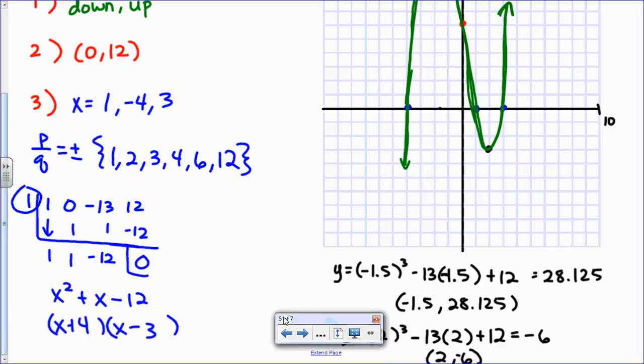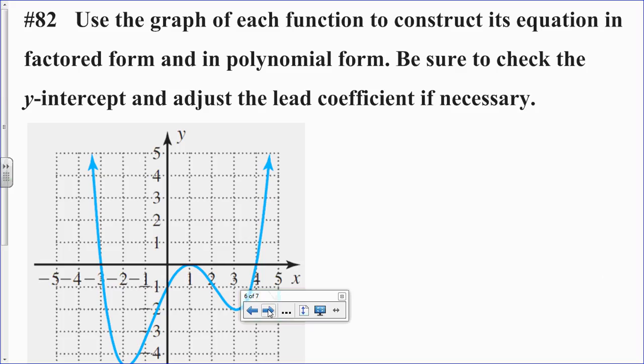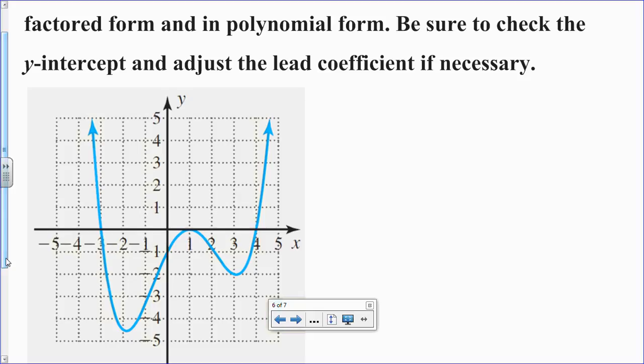All right, we are going to now go backwards, write the polynomial from the graph. Okay.